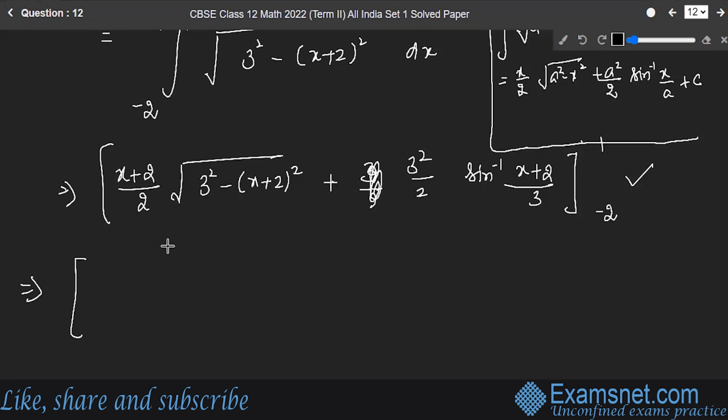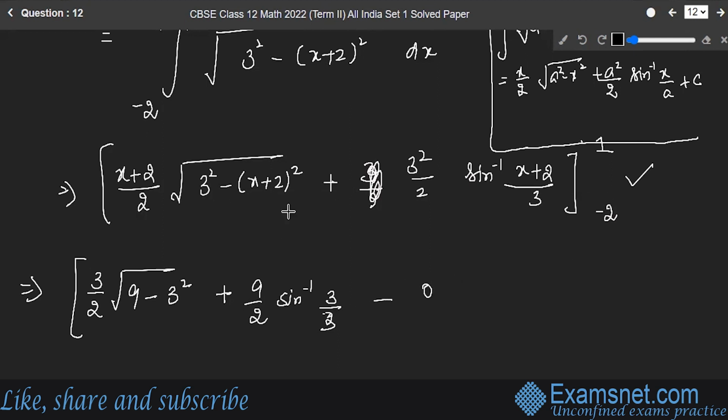Let's go for that. So when you put x is equal to 1, this will be 3 by 2 root of 9 minus 3 square. Actually, this will be 0. Fine. Plus 9 by 2 sine inverse 3 by 3. Okay. Minus. Now, this will be 0 again because -2 plus 2 will give me 0, plus 9 by 2 sine inverse of 0 again.